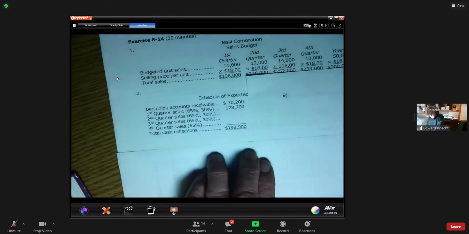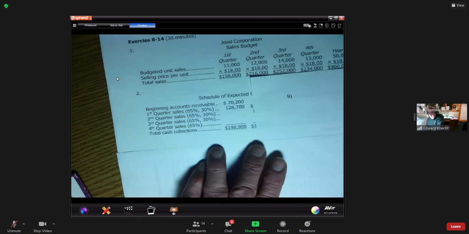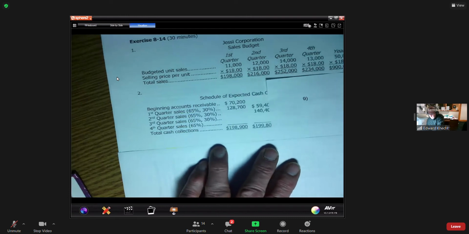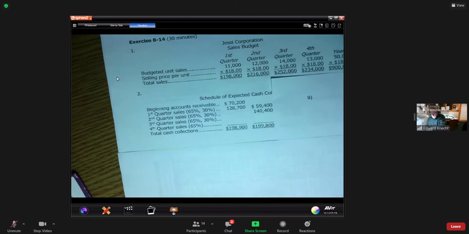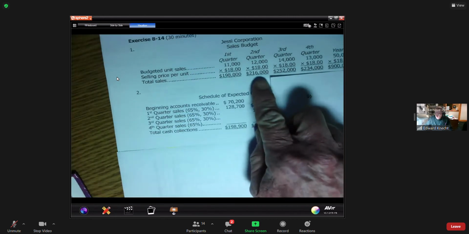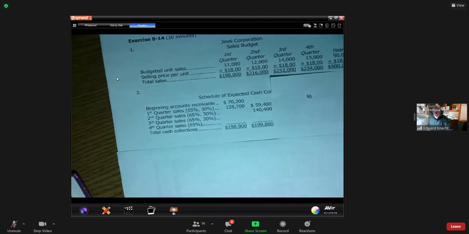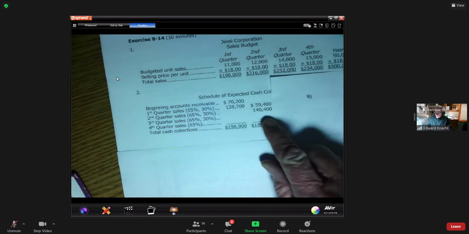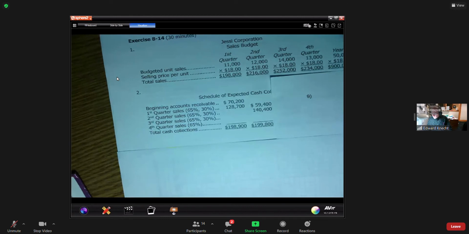And then 30% in the next quarter. So 30% of the first quarter is going to be collected in the second quarter. Isn't that 216,000, the second quarter sales times 0.65? That's 140,400. And you just do that all the way across.